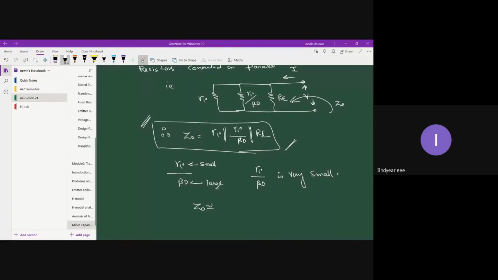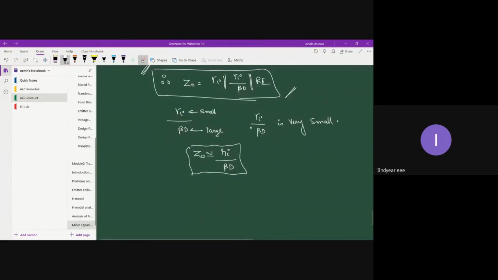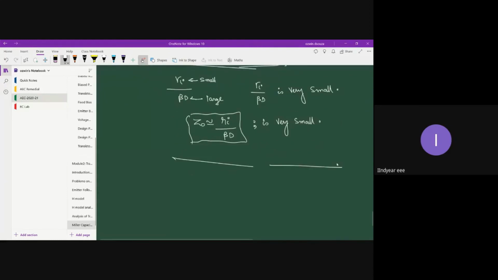That's because Ri by beta d is very small. So your Z0 is approximately equal to Ri divided by beta d. So this is your output impedance, and this shows that output impedance is very small. So that's your analysis.